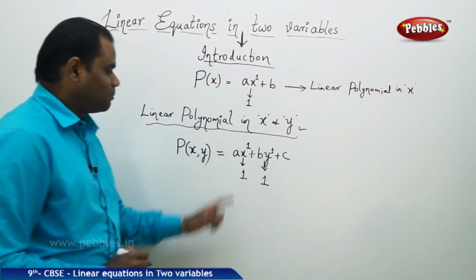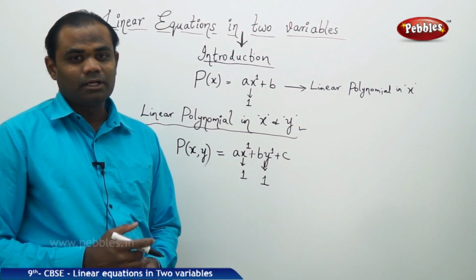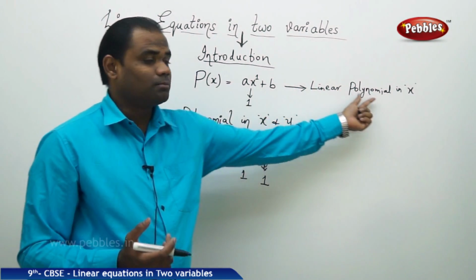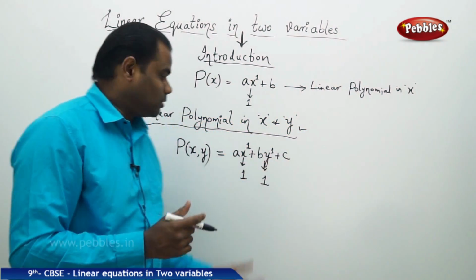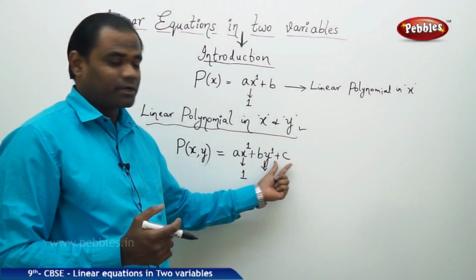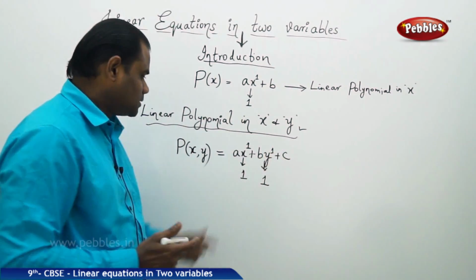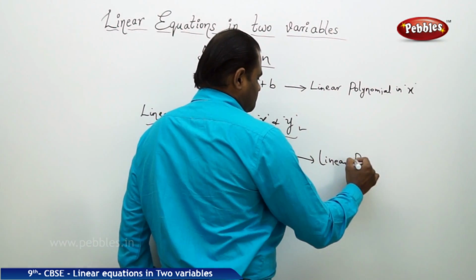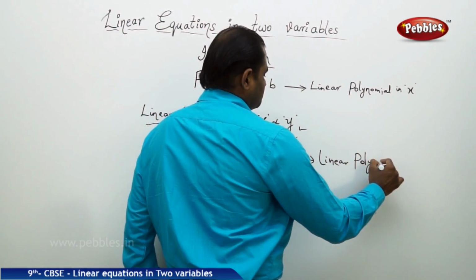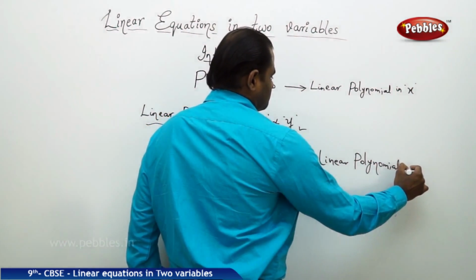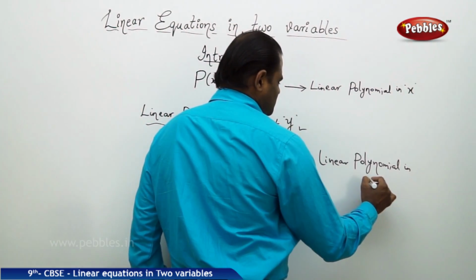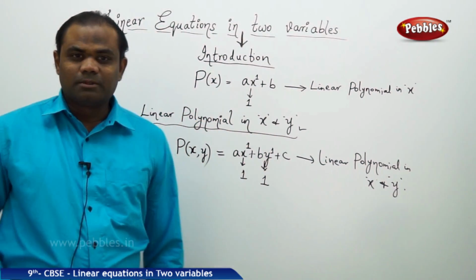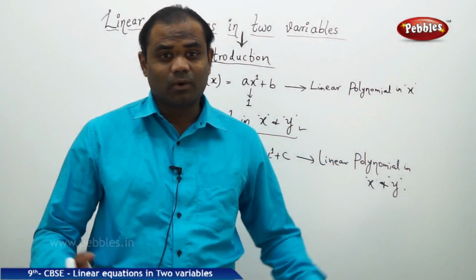Therefore, such a polynomial is called a linear polynomial in two variables. Here, this is a linear polynomial in one variable x, but because I have the introduction of two variables x and y, this is a linear polynomial in x and y. The two variables here being x and y.